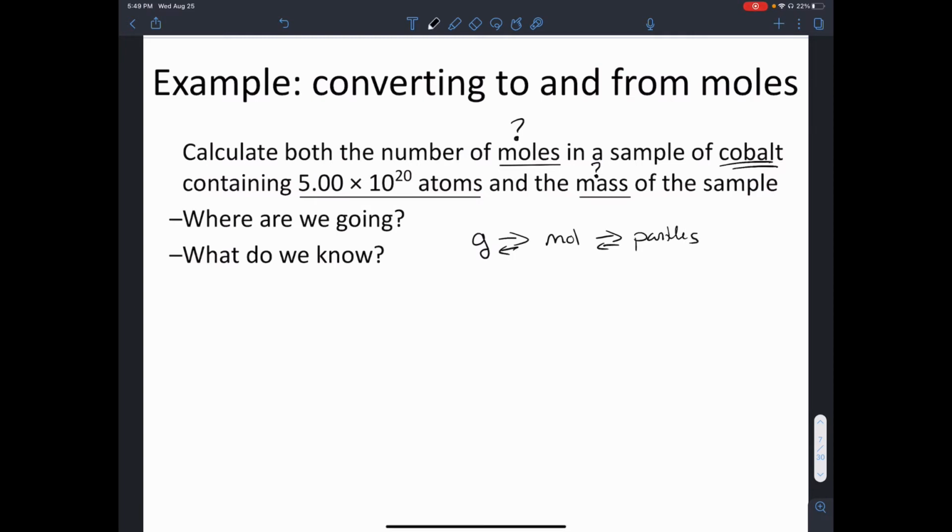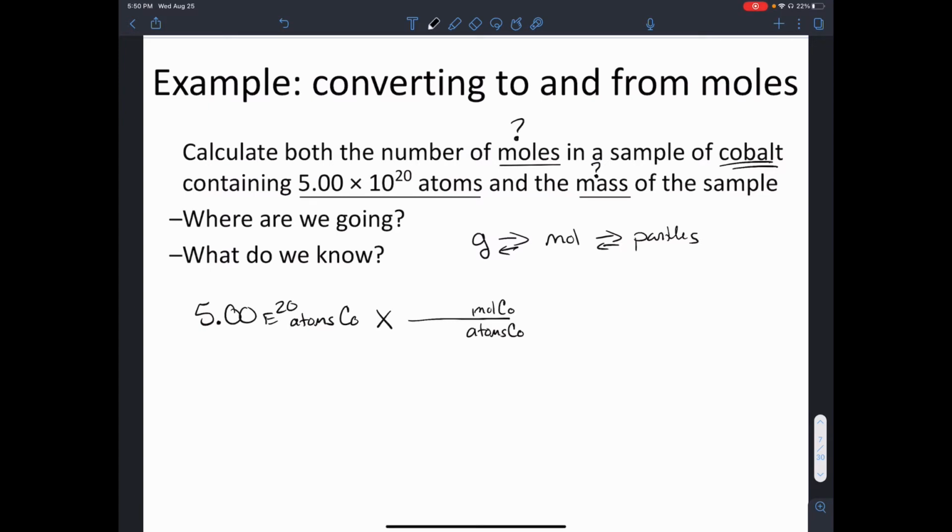And what have I been asked to find? Well, first of all, I've been asked to find moles. Do I have grams? No, but I have particles. So I'll start with the particle number. Remember, atoms and particles are used interchangeably. And then I'm going to use a conversion factor in order to convert away from atoms. And remember, the thing that I want to convert from goes in the denominator, and to moles.